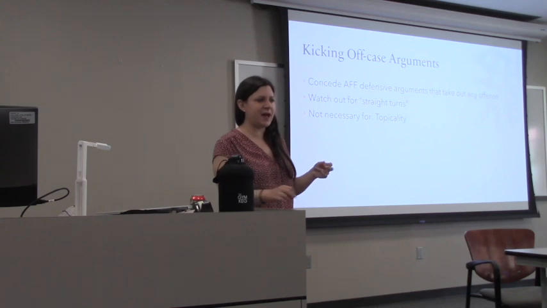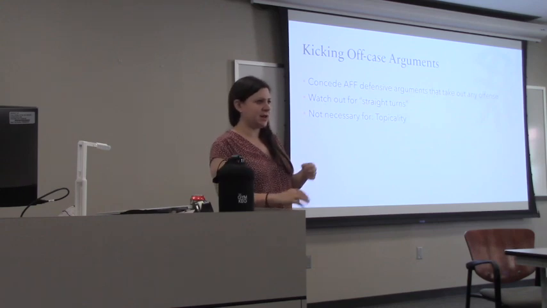So let's say that the aff, in response to a disad, said there's no link, the plan doesn't cause whatever the thing is, and they said impact turn, the thing that you said was bad is actually good. If you're neg and you're really scared of that impact turn, and you don't have answers to it, you can concede the no link argument because it takes out the implication of the impact turn.